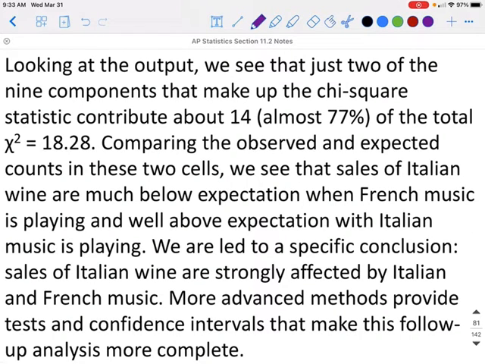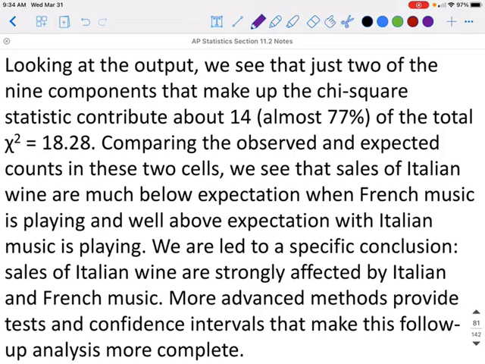So looking at that output, we see that just 2 of those 9 components that make up the chi-square statistic contributed about 14 of the 18.28, which is almost 77%. Comparing the observed and the expected counts in these 2 cells, we see that the sales of Italian wine are much below expected when French music is playing, as well as above what is expected when Italian music is playing.